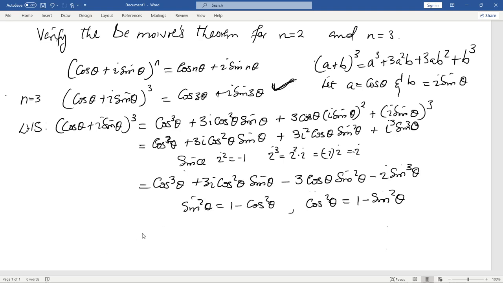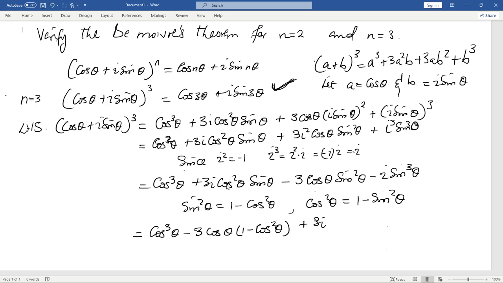Okay, so here we have cos cubed theta minus 3 cos theta, and where there's sin squared theta, we put 1 minus cos squared theta. Plus, we're now adding the imaginary parts.